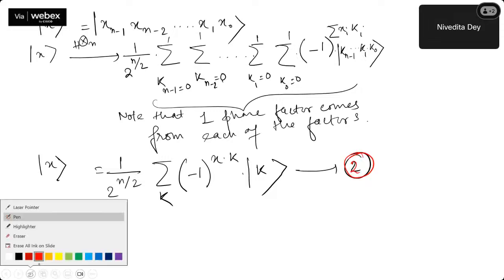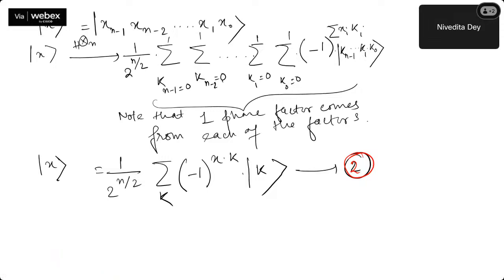Now, ket k is nothing but this thing, kn minus 1 to k0. This is the meaning of ket k. And x dot k is nothing but the sum of bitwise product.